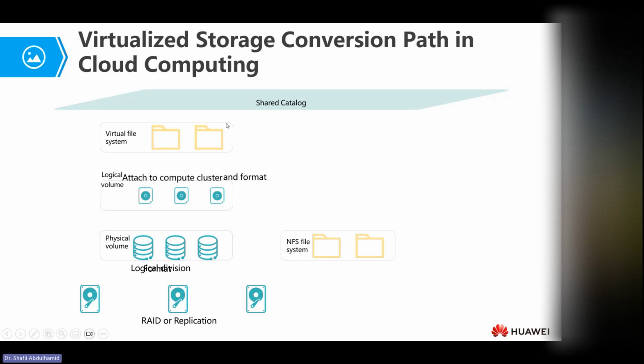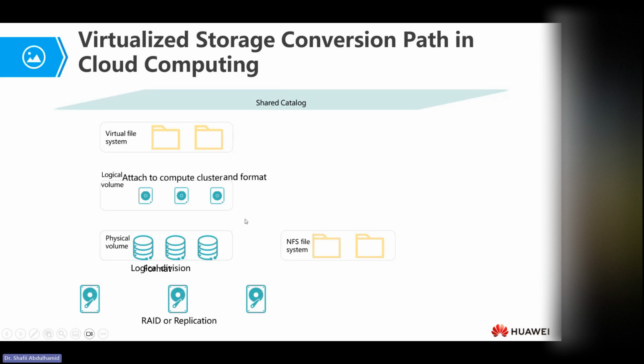But as I mentioned in the other slides also, the users always interact with the shared catalog, and the resources are created at this level, but eventually they will be stored at the lowest level, which is the storage level. And that is why if you have a problem with the shared catalog, it doesn't mean that your stored information is destroyed.